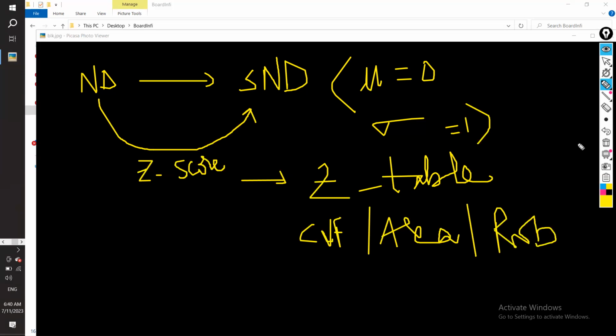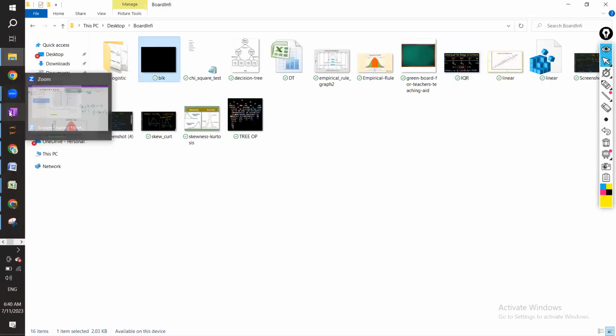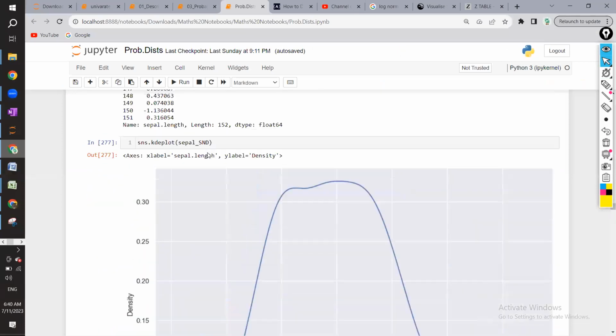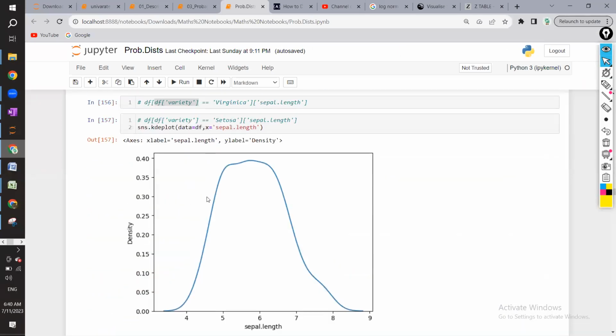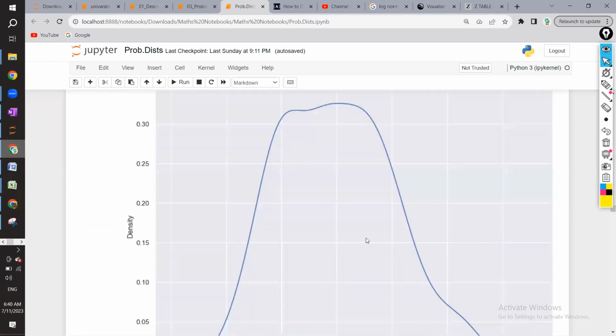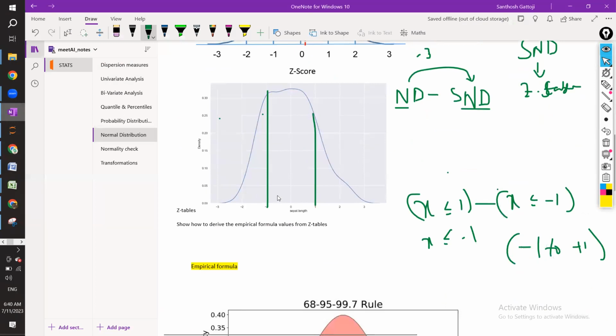Agree? Good till here, right? So then I also showed you the example where you can convert an almost normal distribution into a standard normal distribution. After that, we also saw that using this table, you can calculate the probability or CDF or area between any 2 points.